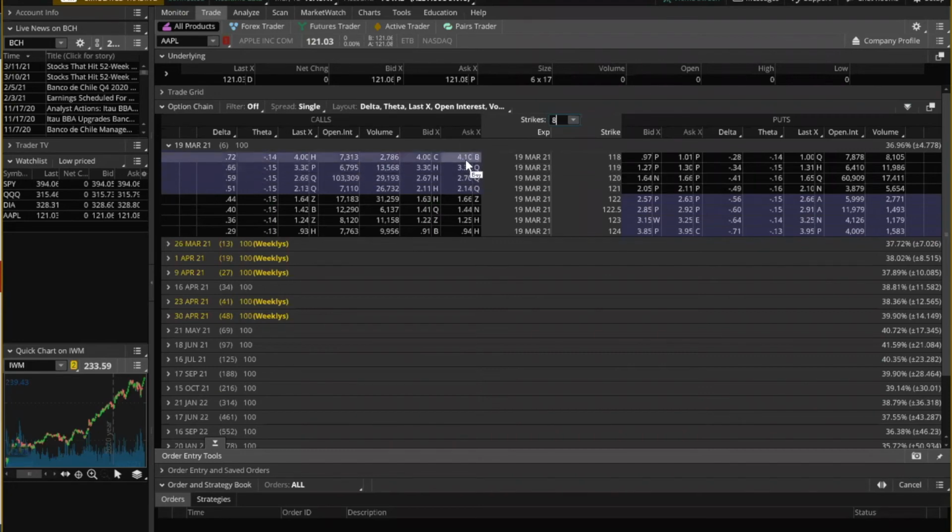So again, if something happens, if news comes out and Apple actually goes under $118 by March 19th, your deposit is actually going to turn into zero, right? Because the whole point of an option is you want to find someone, buyer and seller, and that's what your broker does. The broker will find a buyer and seller and match them up together.